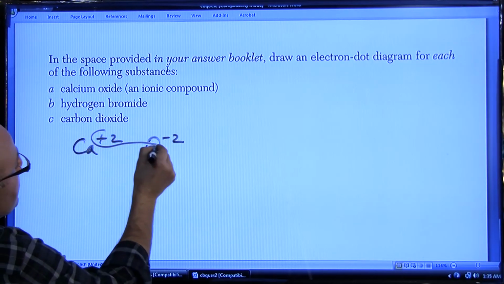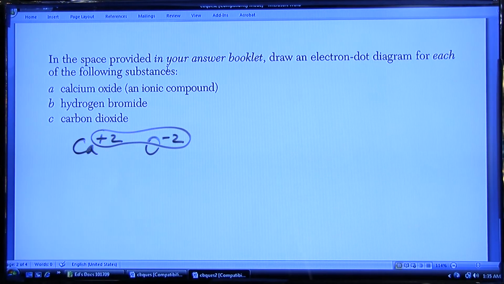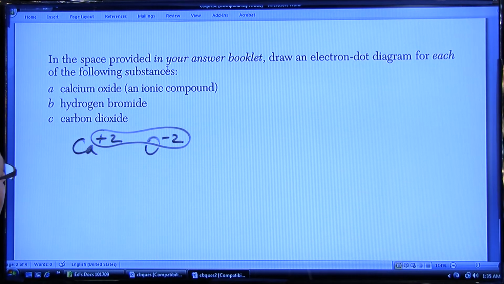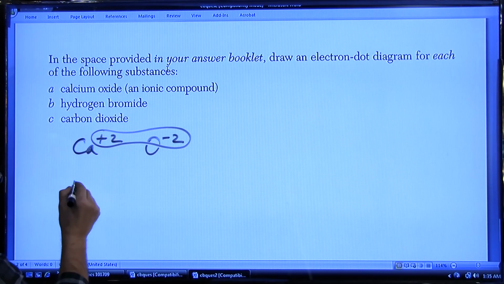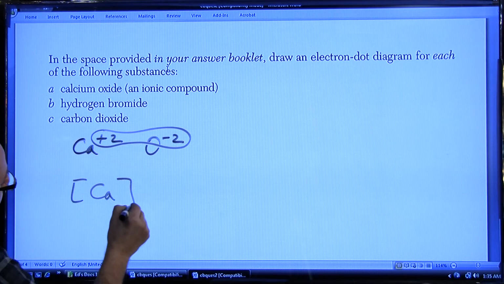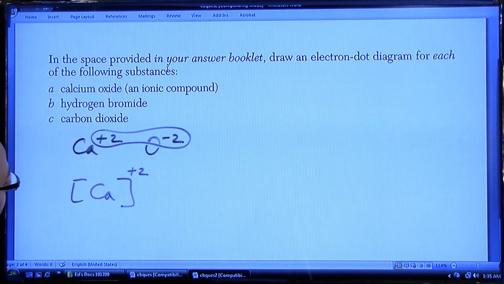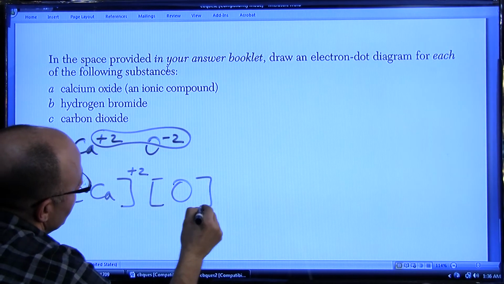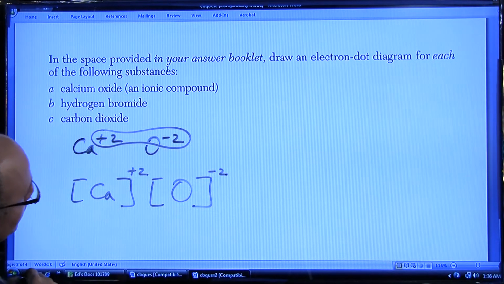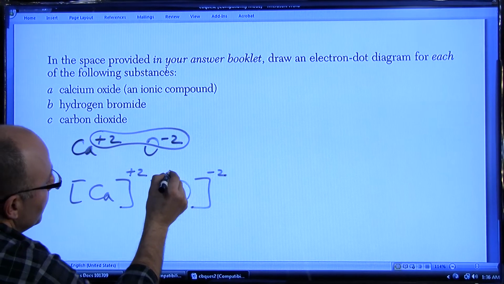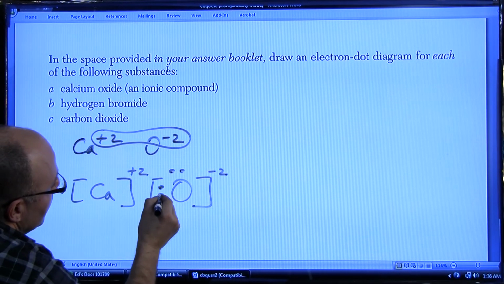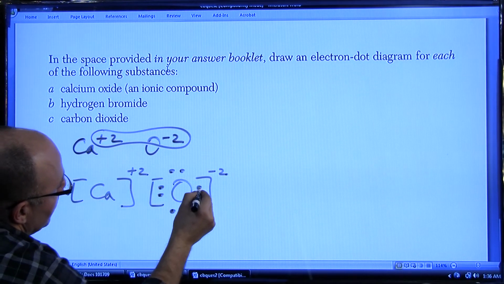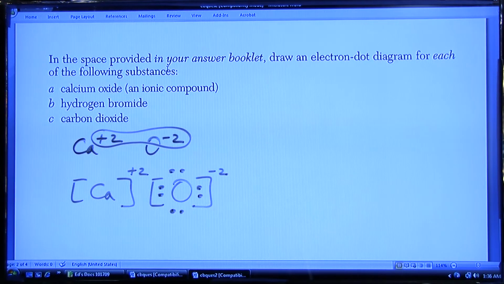Since they both have the same amount of charge, we're only going to need 1 of each, just opposite signs. So we'll draw the calcium, +2 charge, brackets, charges, and the oxygen with a -2 charge, brackets, charges, and 8 dots around the non-metal. That would be calcium oxide.